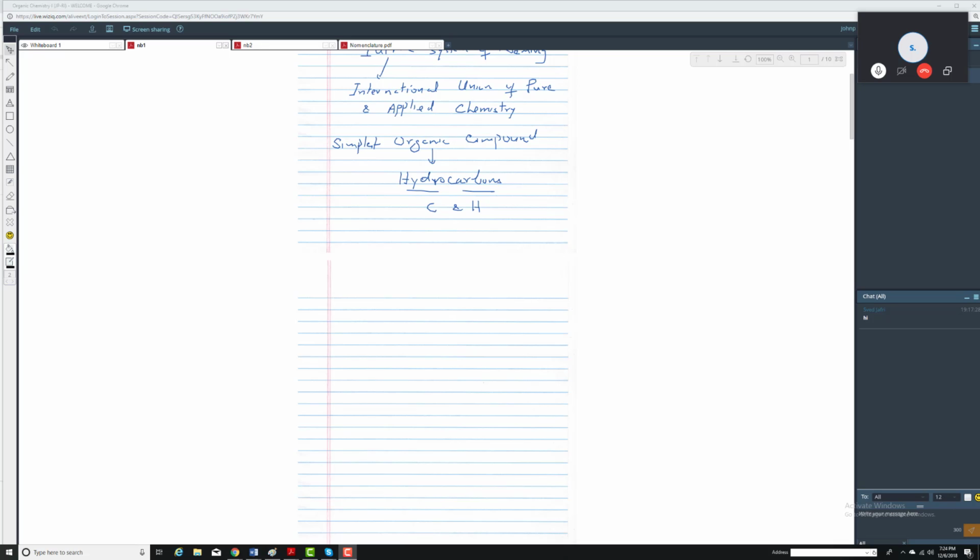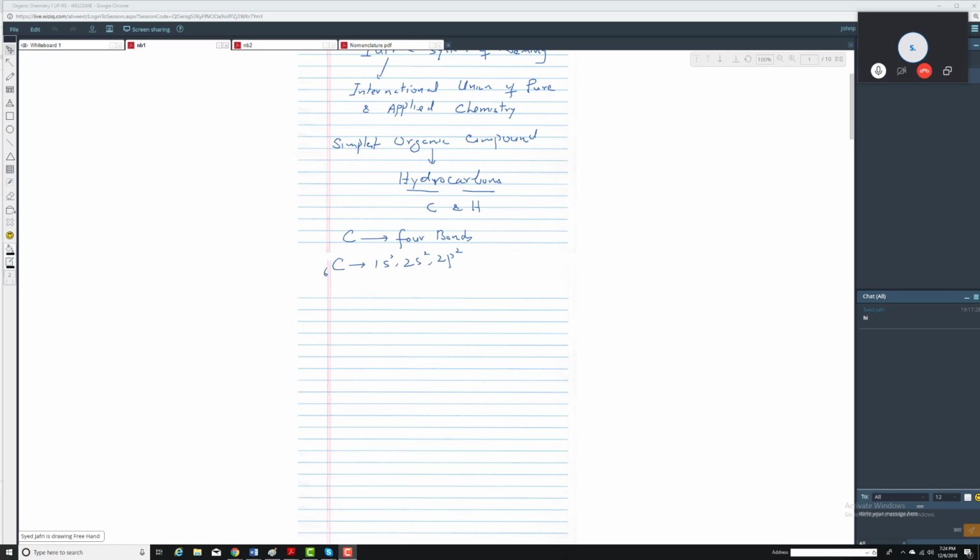Now before we go to the other things: carbon makes four bonds. How many bonds? Four bonds. How do we know it's four bonds? Let's take the electronic configuration. Carbon has atomic number 6. This is general chemistry: 1s2, 2s2, and 2p2.